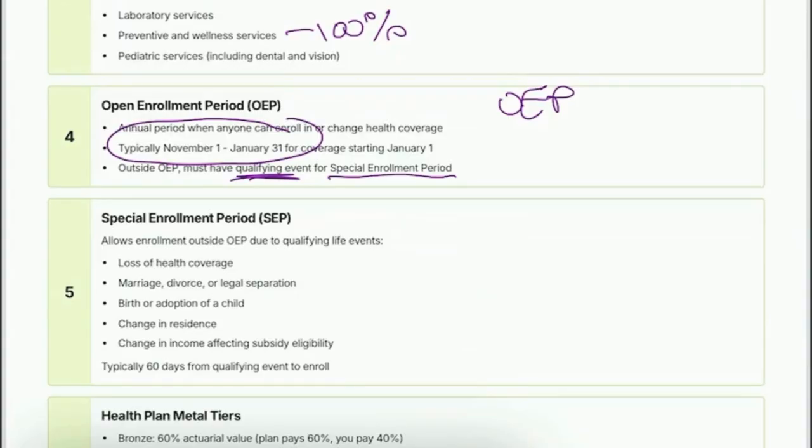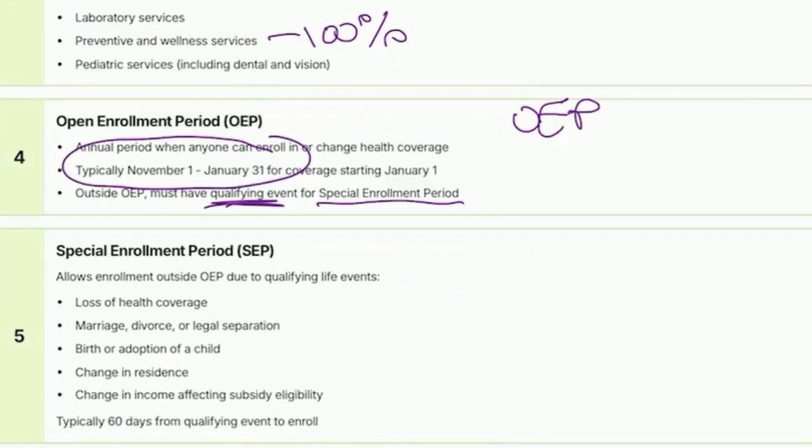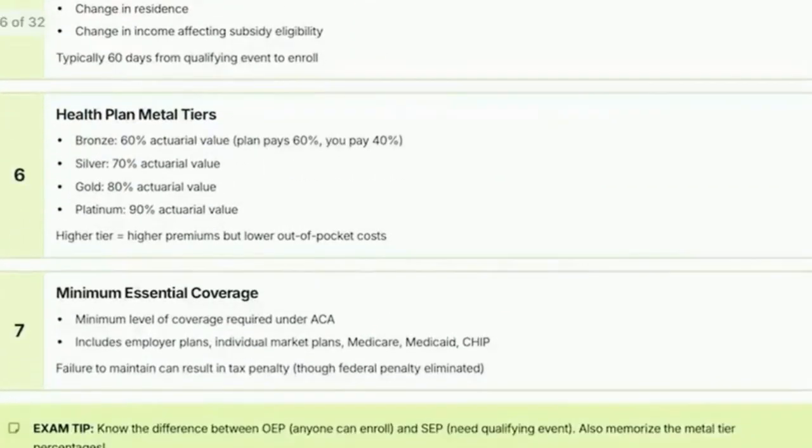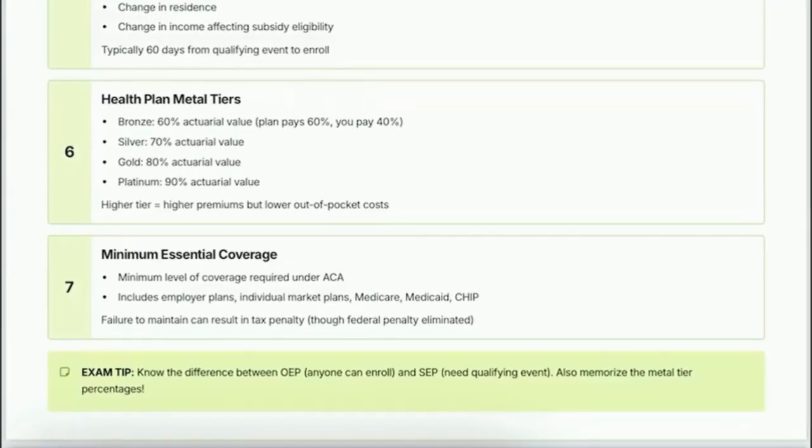The health plan tiers, the number on the left, the number of the percentage they're saying, is how much the plan pays. So bronze is 60, silver is 70, gold is 80, platinum is 90. Obviously, the more that the company covers, the more that the policy covers, the more expensive the policy is going to be.